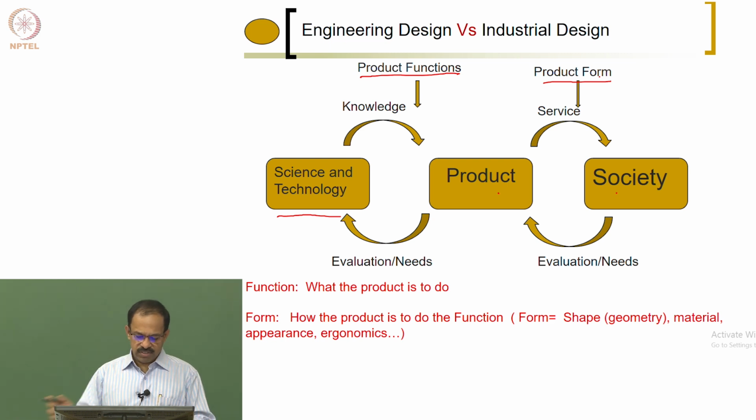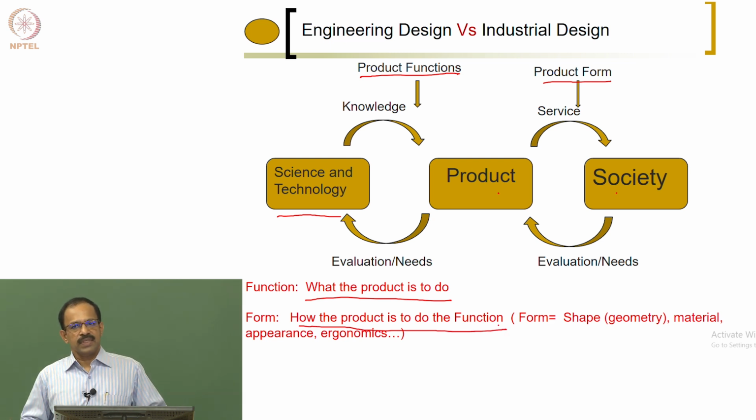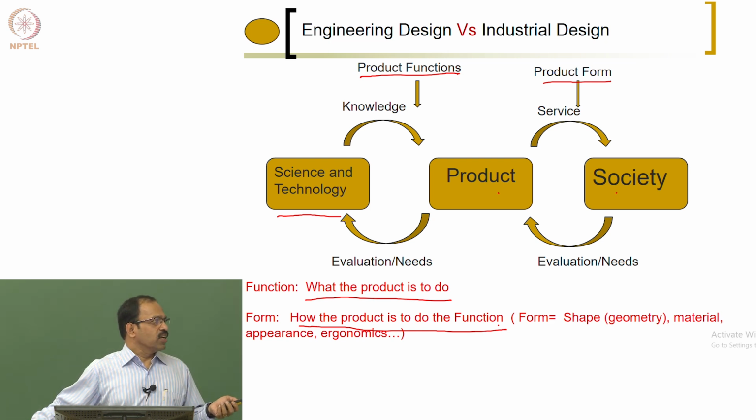So the function is what the product is to do, and form is how the product is to do the function. So the technology helps you to develop these functions, and then somebody converts that into the requirements of the customer, or a proper shape, size, ergonomics, everything is designed and then got into this society. So you have a function and form in the design process.